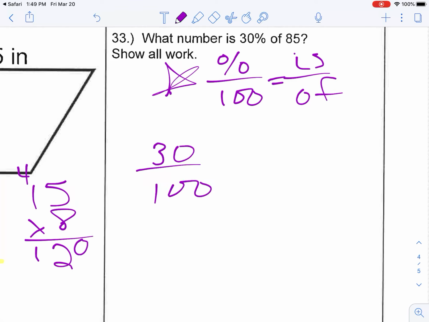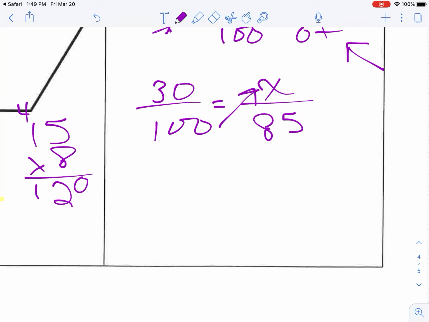That's how we write 30%. Of 85, it just gave us our of, which means it goes down there. And it says what is, not sure, so we can throw our X up there. We can do our cross multiplication. 85 times 30.